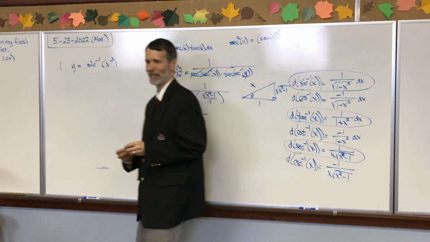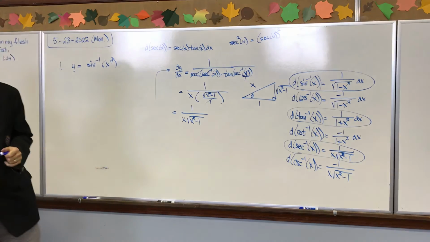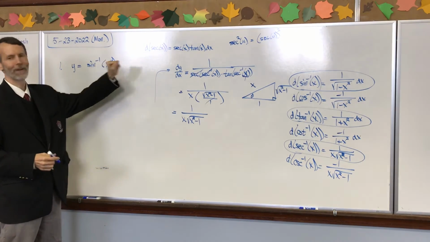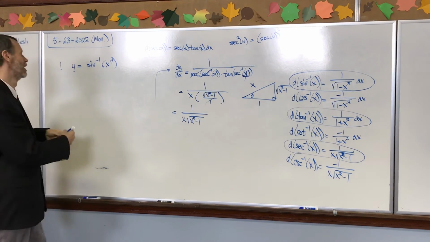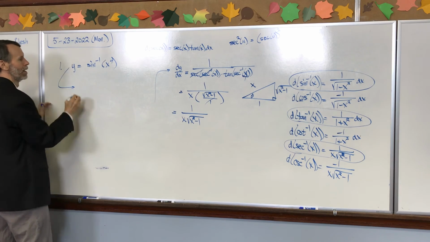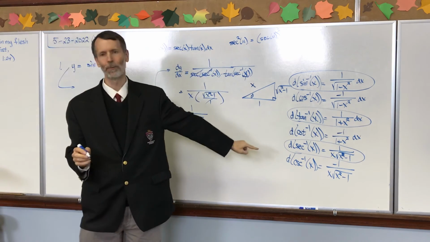What rule are we going to need in addition to everything else we just did? Chain rule. So when we're all done, we're going to have the derivative of x to the 4th multiplied at the end. For right now, just pull it off the board.